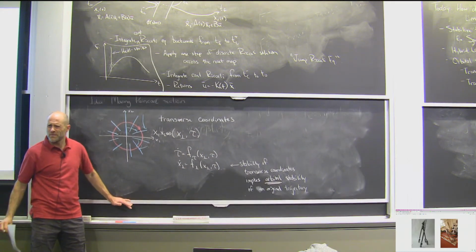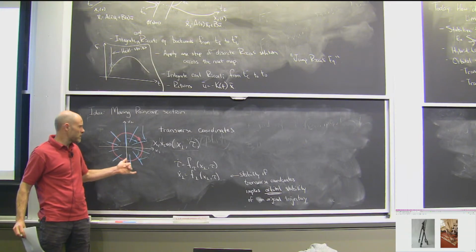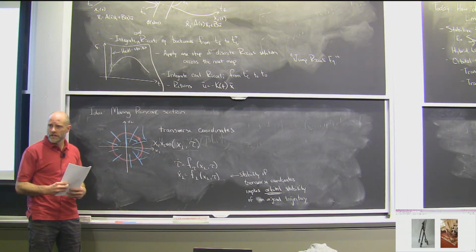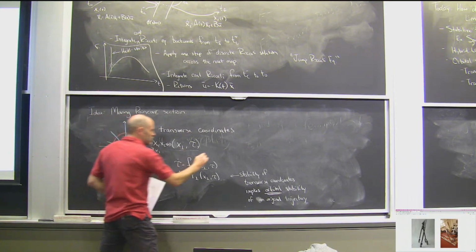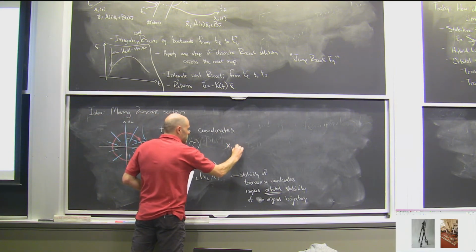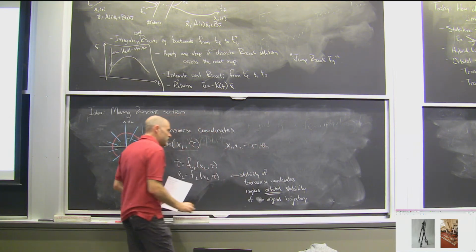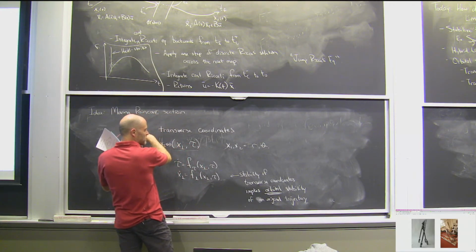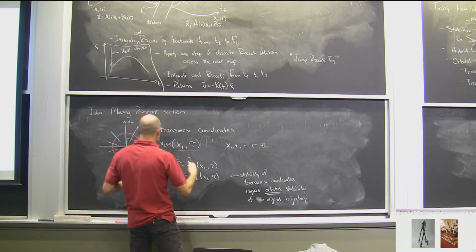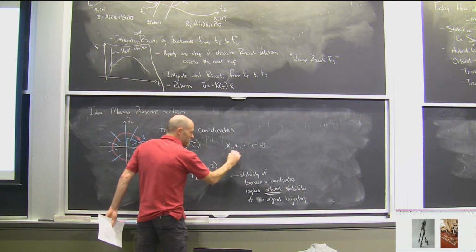Is that concept clear? In pictures we can make it more careful, but do you see the goal there? If I were to turn x1 and x2 into polar coordinates, I'll call them r and theta, where r is the square root of x1 squared plus x2 squared, and theta is just the arctangent.